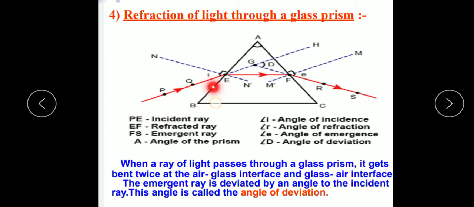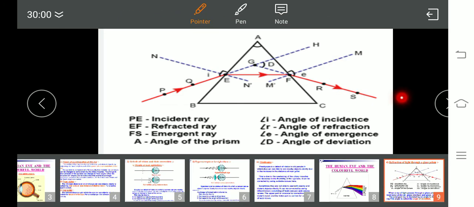When a ray of light passes through a glass prism, it gets bent twice: first at the air-glass interface, and the second time at the second surface AC, the glass-air interface.